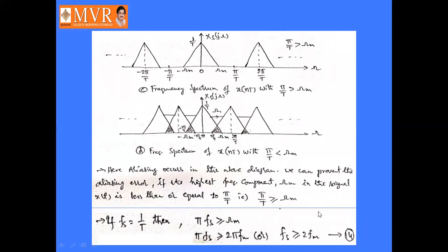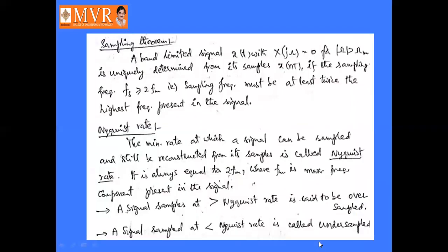This is very important. Sampling frequency is greater than or equal to 2 times the maximum frequency, 2 times fm. So now we can define the sampling theorem: a band limited signal x of t with x of j omega equal to 0 for mod omega greater than omega m is uniquely determined from its samples x of nT if the sampling frequency fs is greater than or equal to 2 fm.